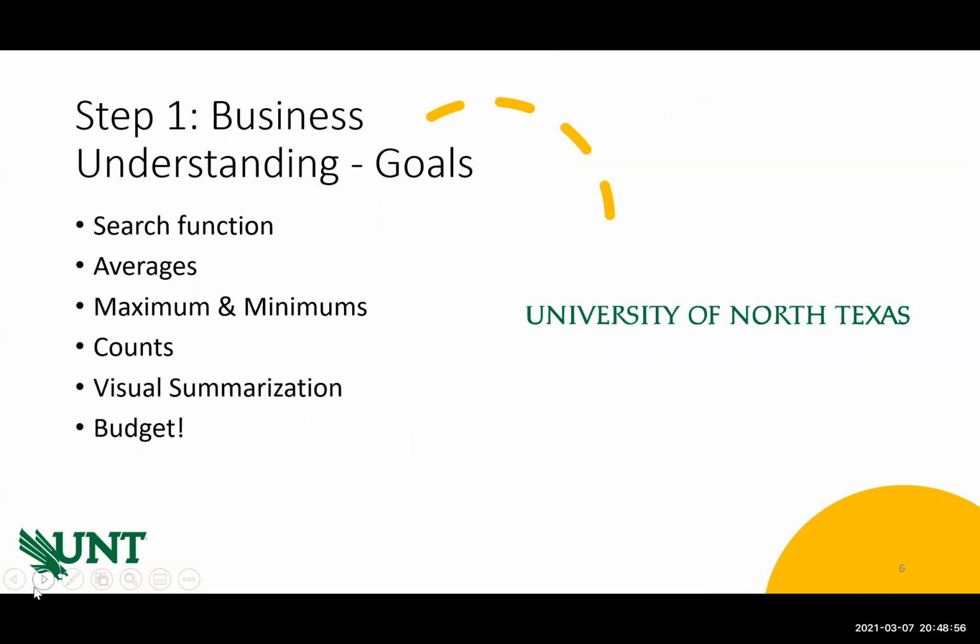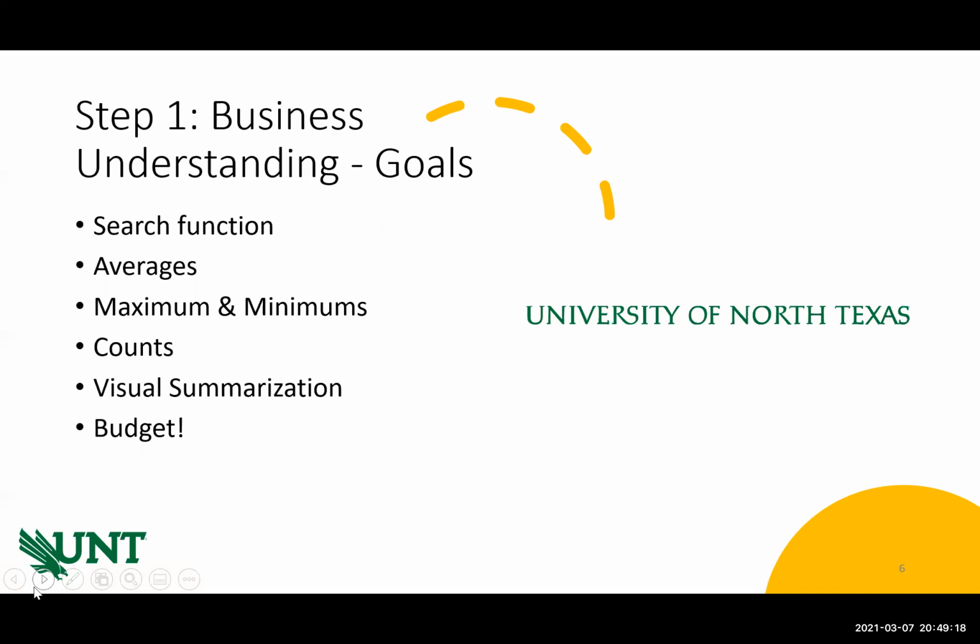goals that this data analysis tries to achieve, which are that the data needs to be easy to navigate through and provide summarization of averages, minimums, maximums. We needed to provide counts and just present a visual summarization.